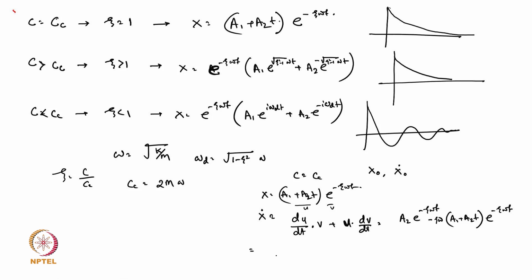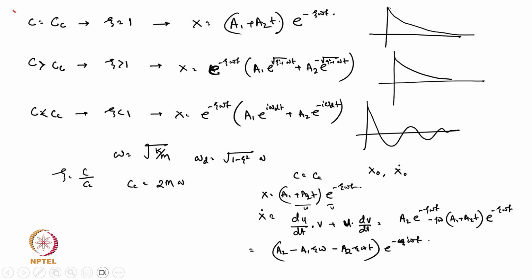So if I take all the terms, I will have a2 minus a1 xi omega, minus a2 xi omega t, into e to the power of minus xi omega t.